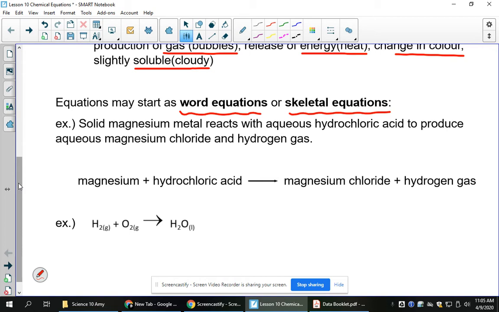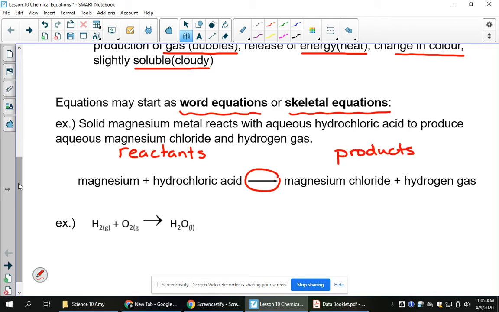So this one, right off the bat, we've got a whole bunch of words in there that we need to figure out. First of all, figure out where your equal sign is. And in chemistry, our equal sign is shown with a one-way arrow like this. So this is separating what we have reacting, or our reactants, from what's produced.